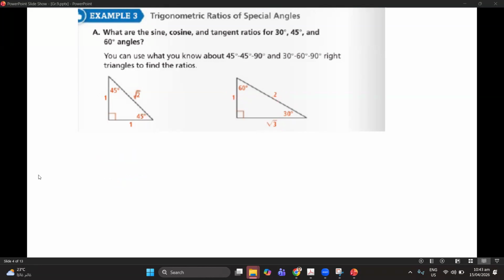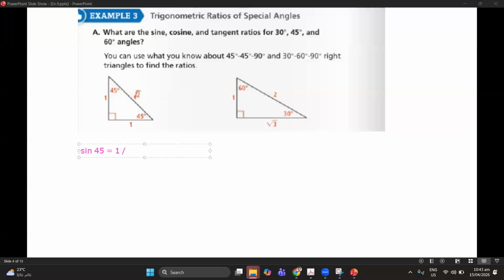Now, how can I find the sine, cosine, and tan for them? Let's start with sine. Sine of 45 is opposite over what? Hypotenuse. Look at either of the 45 angles, both are correct. For 45, what is the opposite side? 1 over square root of 2.